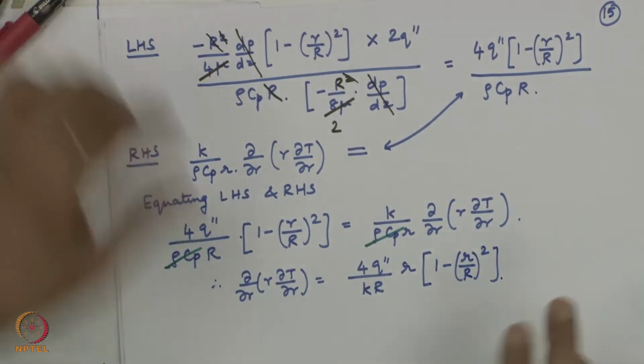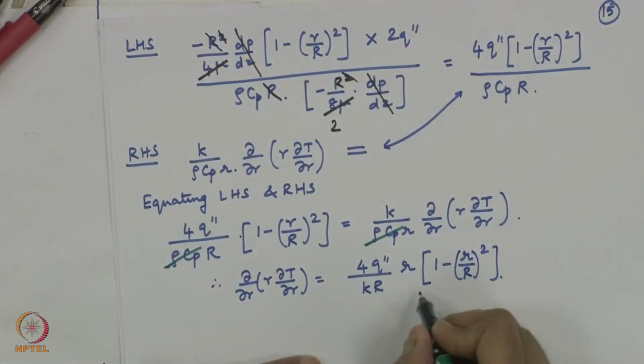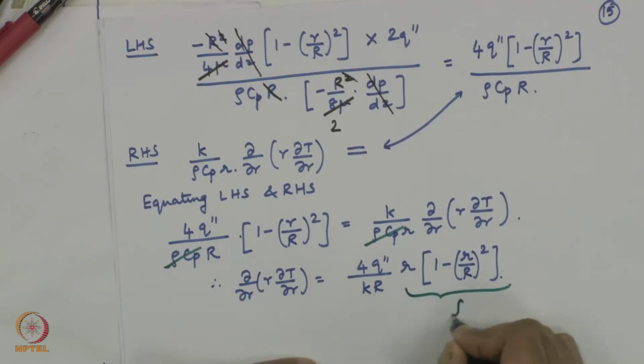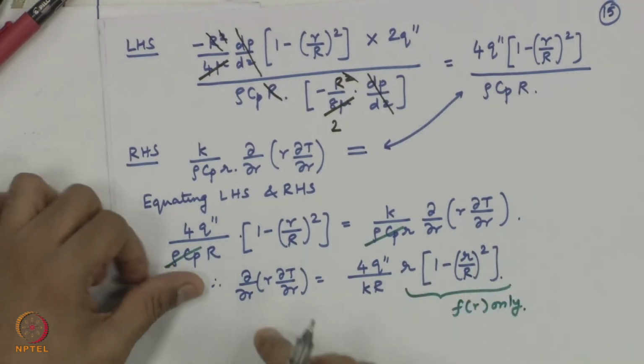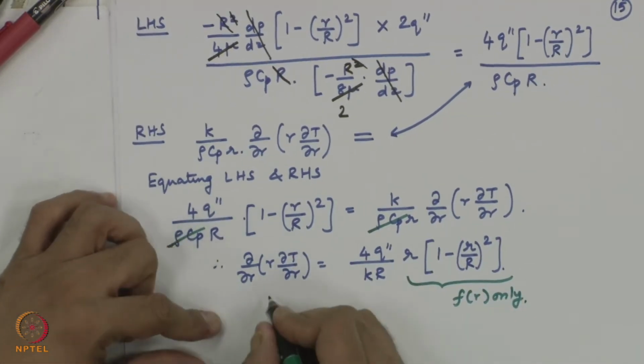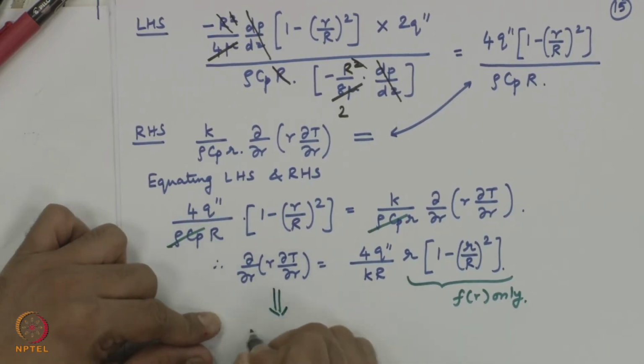Now, let us take a look at this. K is a constant. This whole bracket here is only a function of r, correct. So, everything here is a function of r, therefore, this derivative is now going to transform to a regular derivative.